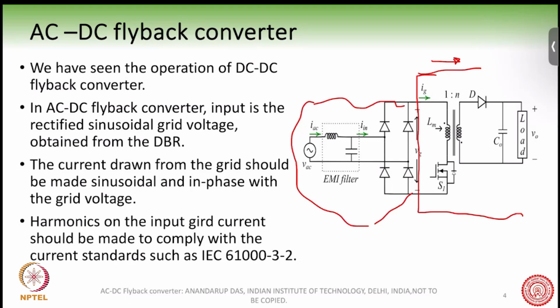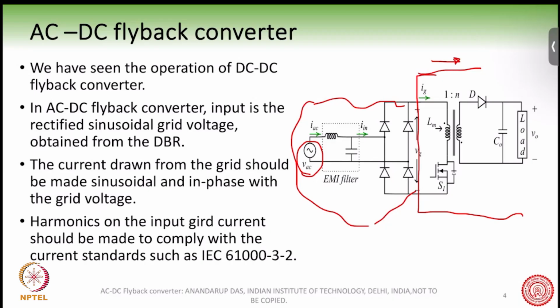In this AC to DC flyback converter, the input is the AC grid, which is sinusoidal in nature, and after that we have some filters and then a diode bridge rectifier. This is very similar to the boost PFC that we studied 1 or 2 weeks back. The operation of this AC-DC flyback converter is also very similar.